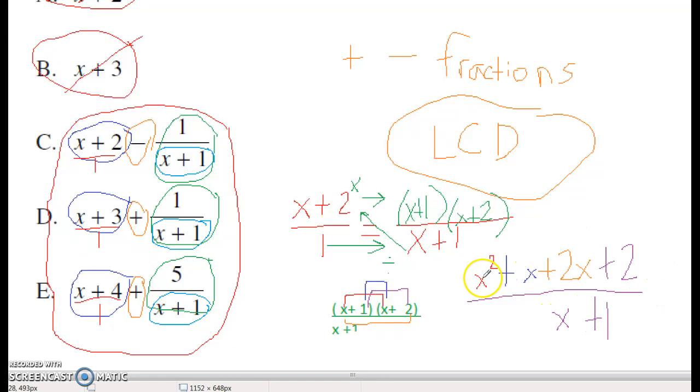Now we're going to add and subtract these out, and we get x squared plus 3x plus 2 as our numerator, and x plus 1 as our denominator.